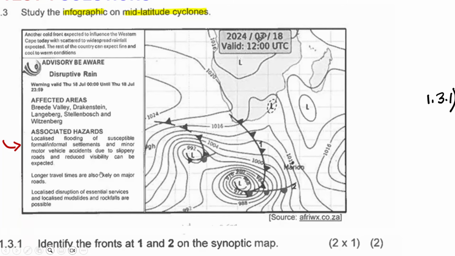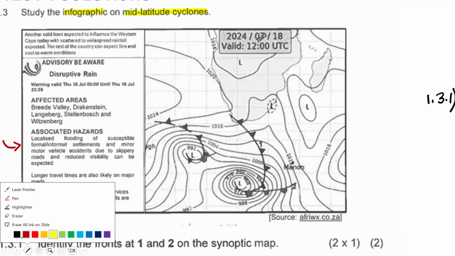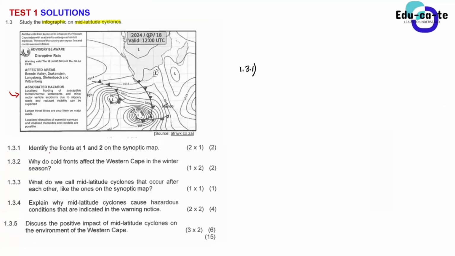Longer travel times are also likely on major roads. Localized disruption of essential services and localized mudslides and rockfalls are possible. So they are giving you hazards. It's like a newspaper, guys, coming and telling you that there's a cold front that is going to affect Cape Town, because it says that the Western Cape will experience certain conditions such as widespread rainfall, and this is in winter.